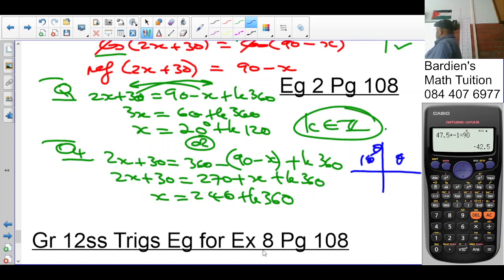But what they do is they say this angle is negative theta. Okay? And this angle here is going to be negative 180 plus theta. Okay? So they work with negative angles.